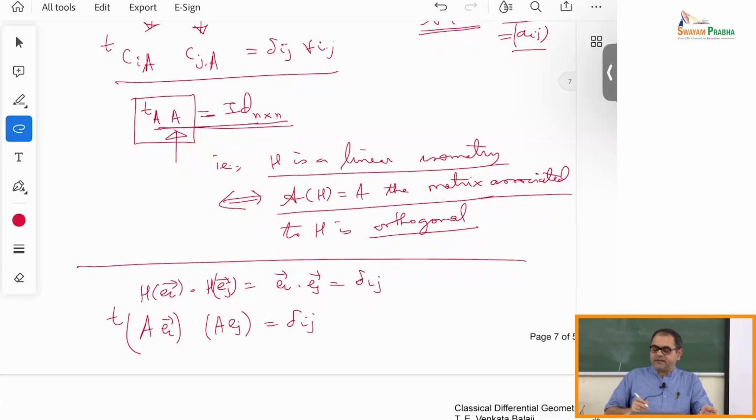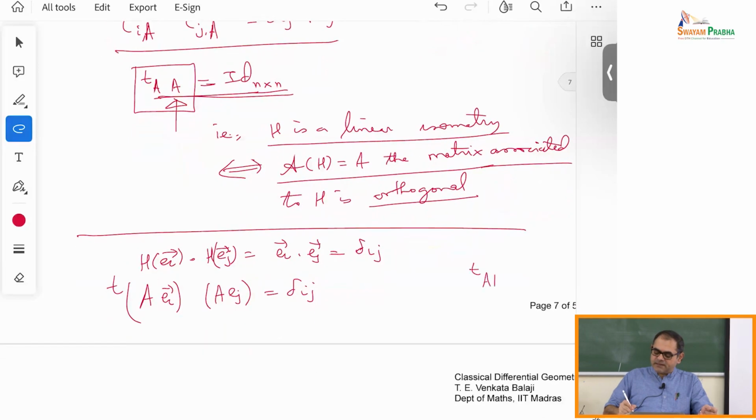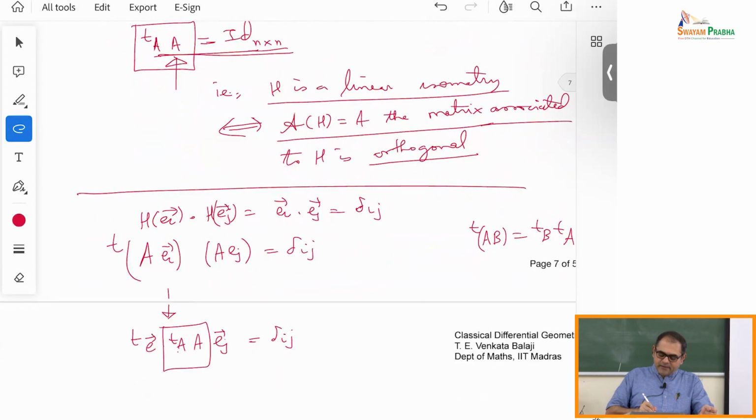But you see, you have this property: transpose of AB is transpose B transpose A. Therefore this will become transpose EI transpose A into EJ is equal to delta Ij. But we just now said that if you pre-multiply by transpose EI and post-multiply by EJ, you will pick up the ijth element.